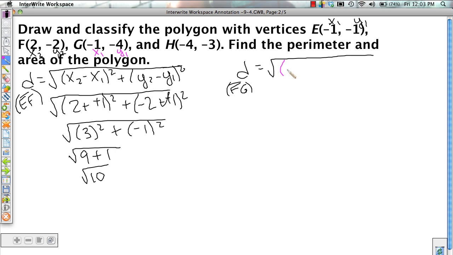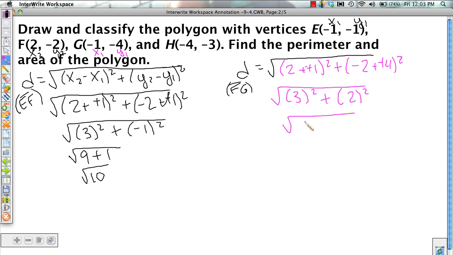So when we substitute in, we get 9 plus 4, and when we add those, we get the square root of 13.